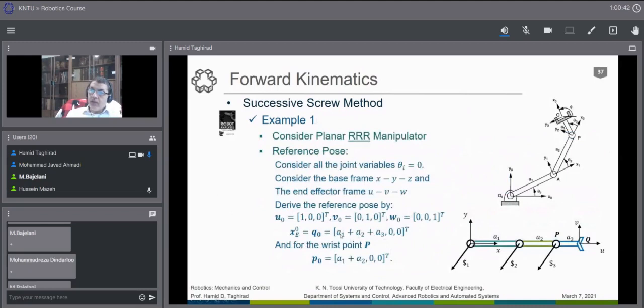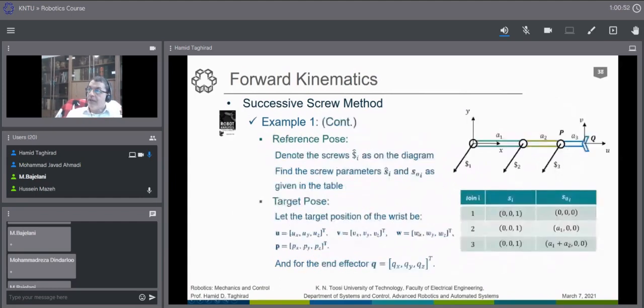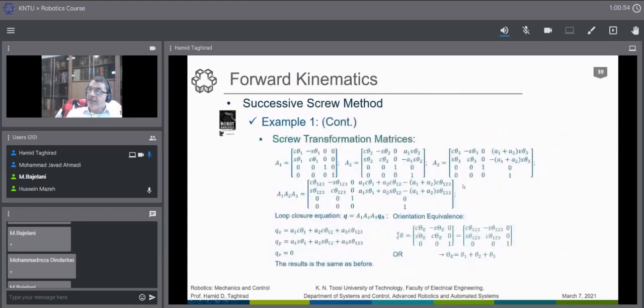What would be the problem? You see, we have a 1 here. We have A1, we have QX here, and A1 plus A2 plus A3, 0, 0, 1. So when we have the 1 here, this A1 plus A2 plus A3 will be multiplied by this, and then we have 1 multiplied by this.